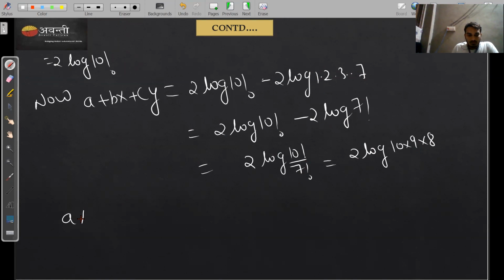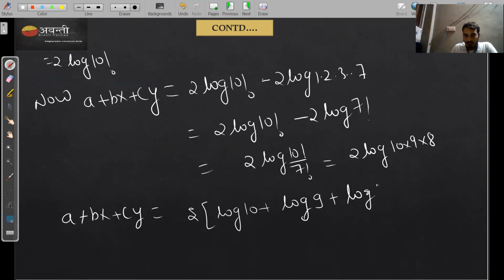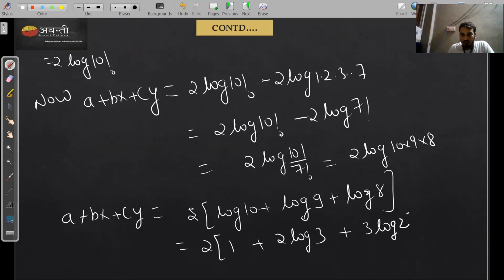So now a plus bx plus cy becomes what? Tell me now. 2 times log 10 plus log 9 plus log 8, yes or no? Which is 2 times 1 plus this is 2 times log 3 and this is 3 times log 2, yes or no?